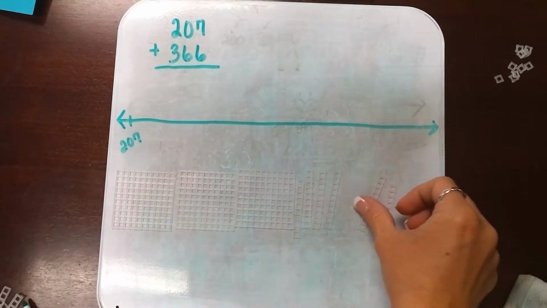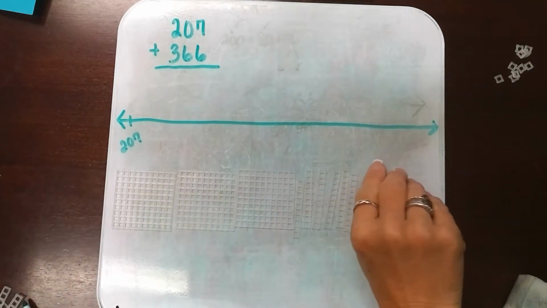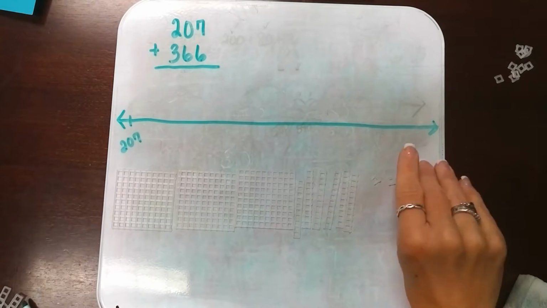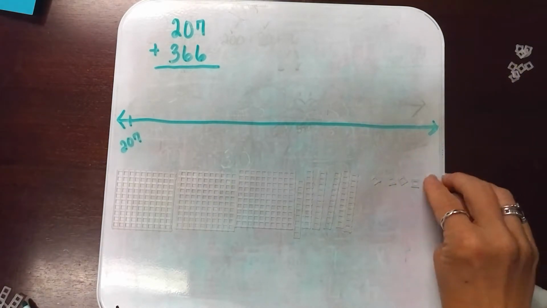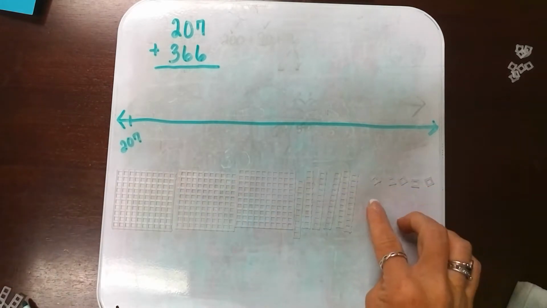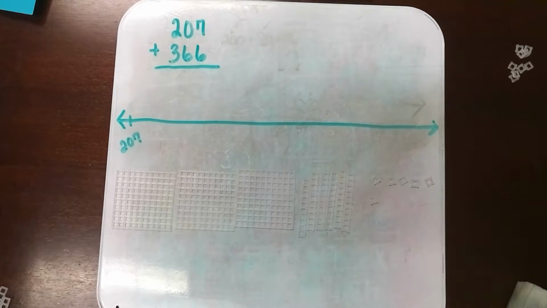So I can get out my 366. I'm sorry if these are a little too hard to see without the blue paper. Okay, so there's my 366. And students can choose to do this either way.